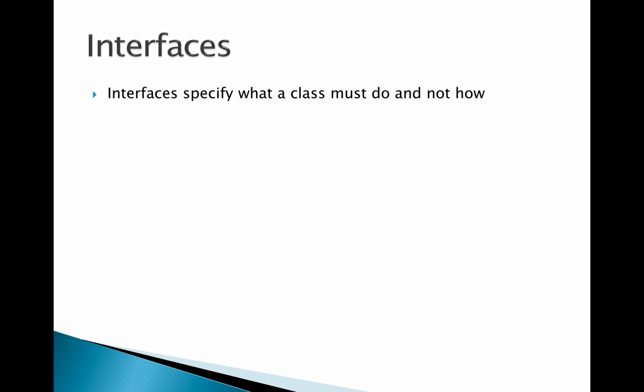Interfaces specify what a class must do and not how. So in our previous example as well, as a user, we specify in the interface what are all the things that need to be done. So we'll have just the specifications. The what component is the one which is coming in the interface. How will be done by the classes which implement that interface.